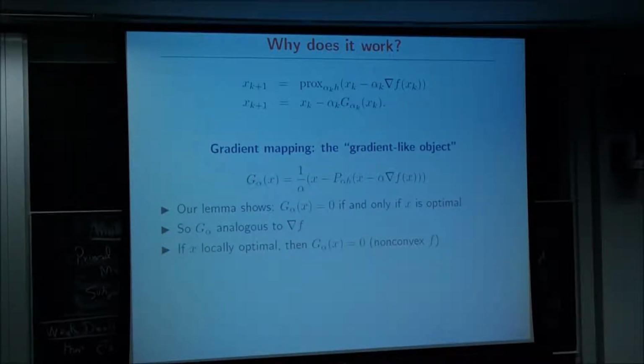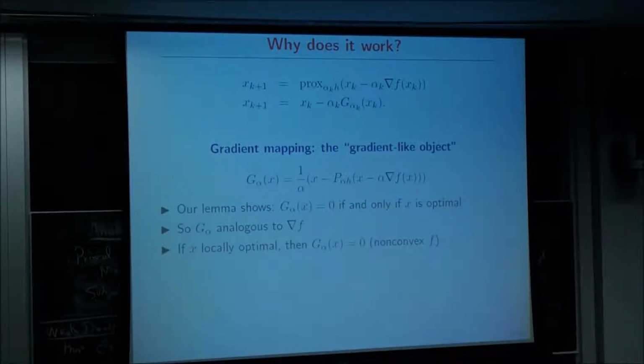So that means if you're trying to now use a proximal gradient type approach to minimize a non-convex function, you can do that by still using the same kind of iterative structure, because at least you're trying to get to a stationary point. So that optimality condition works out here also.